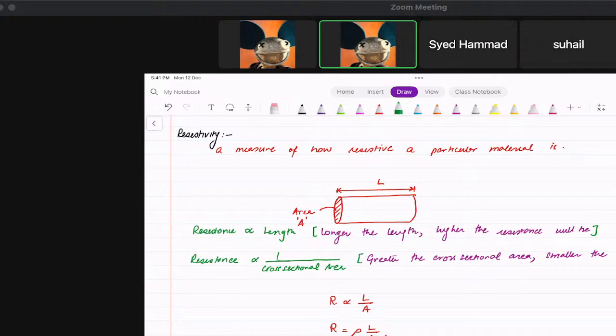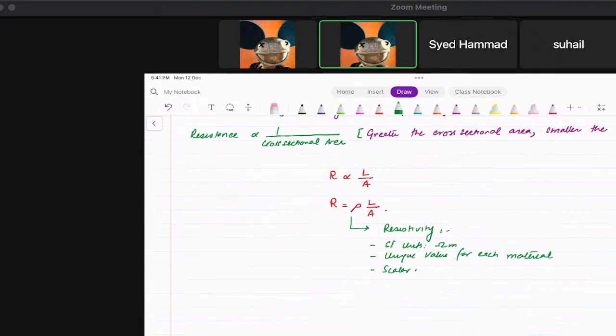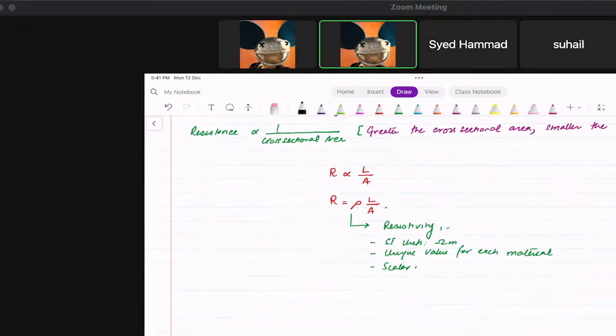Now they're also going to ask you for the power order of magnitude for resistivity, so you should remember this by heart. I'm going to write some common materials, and some resistivities of them in ohm meter.